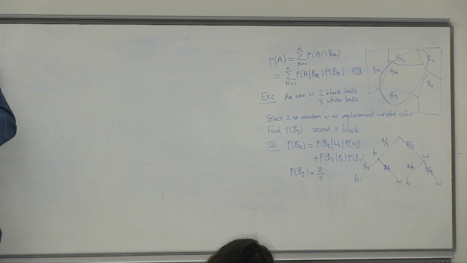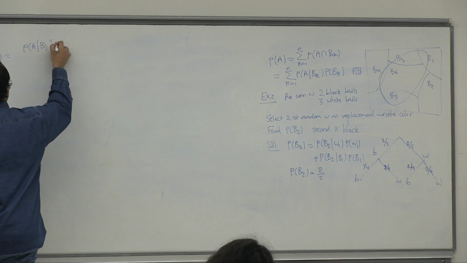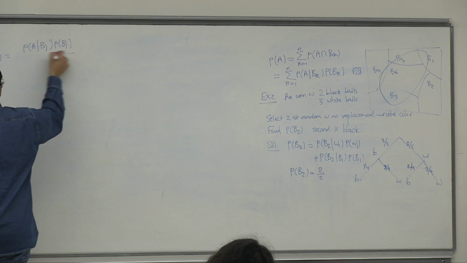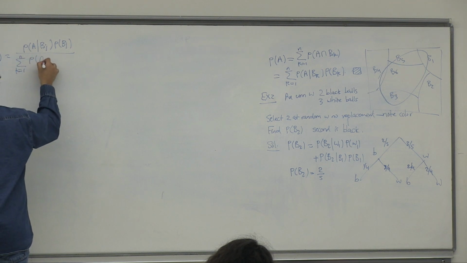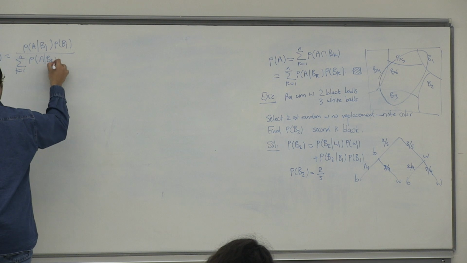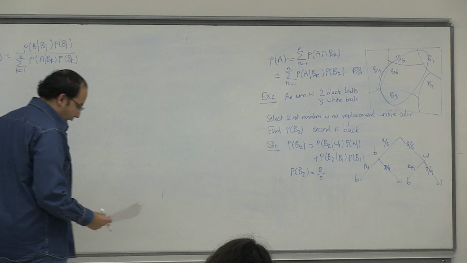It tells us that the probability of Bj conditioned on A is the probability of A conditioned on Bj times the probability of Bj, divided by the summation from k equals 1 to n of the probability of A conditioned on Bk times the probability of Bk.